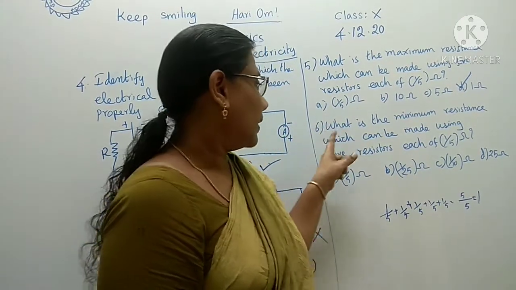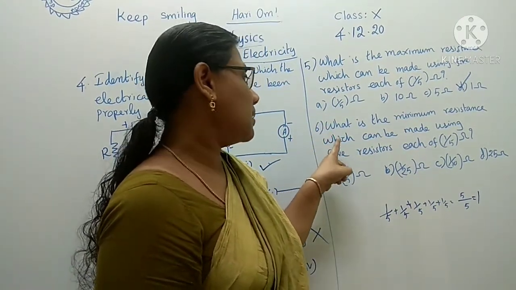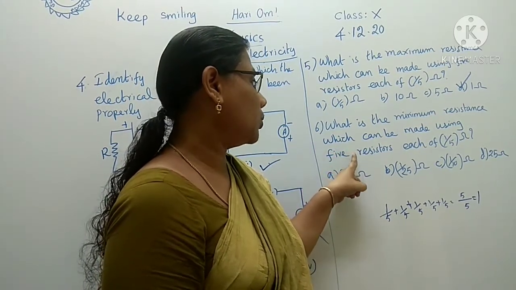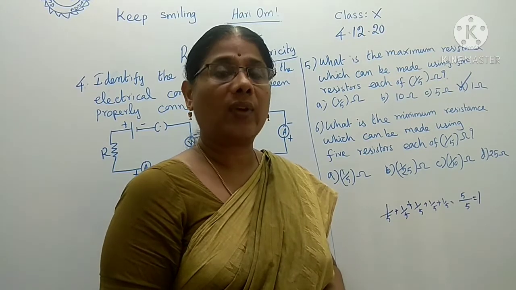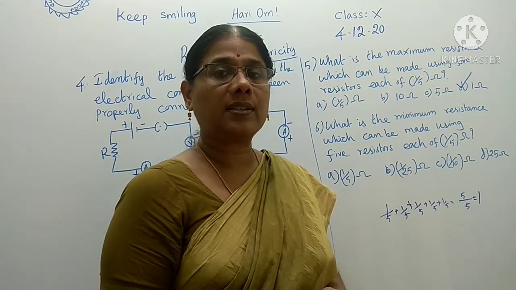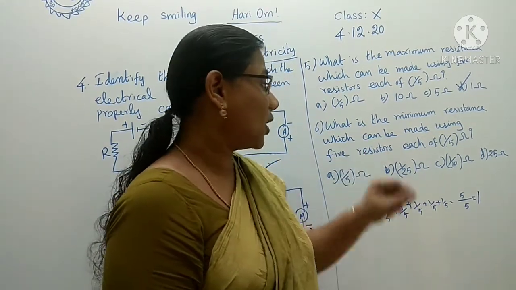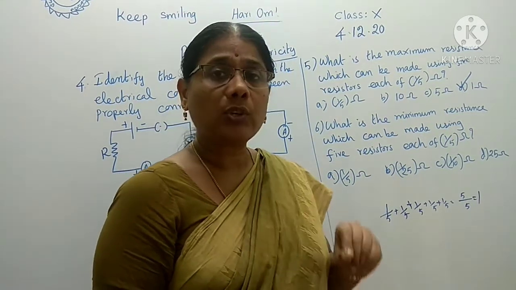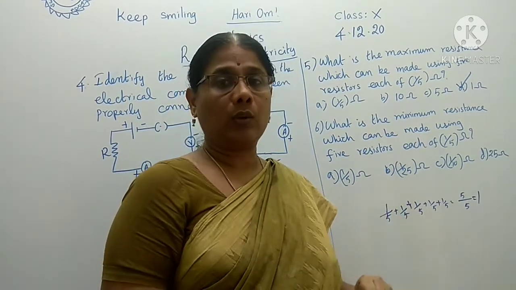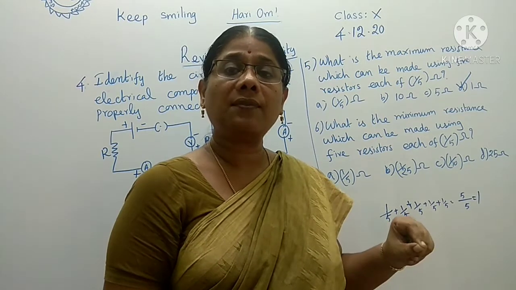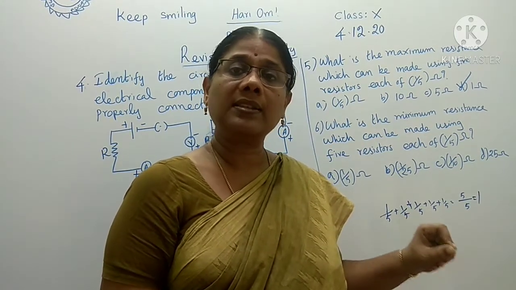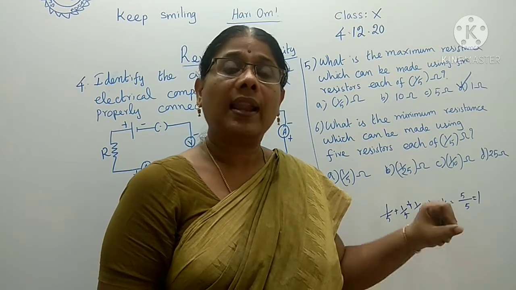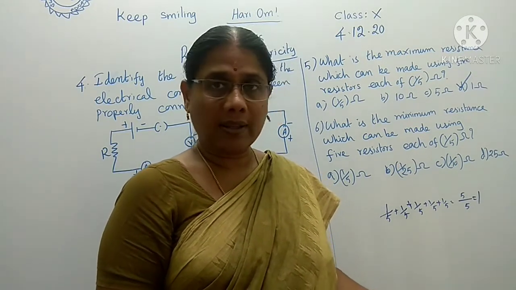Okay. Then, what is the minimum resistance which can be made using 5 resistors, each of 1/5 ohm? Using the 5 resistors of 1/5 ohm, we should get the minimum value. Already we know, if the resistors are connected in parallel, then the resultant resistance will be less than that of the given resistance.